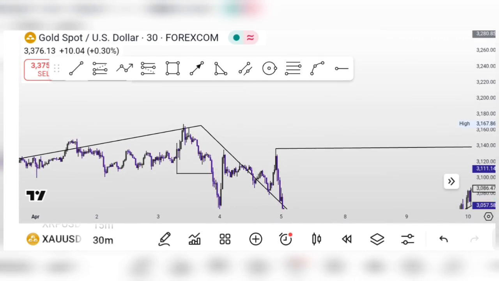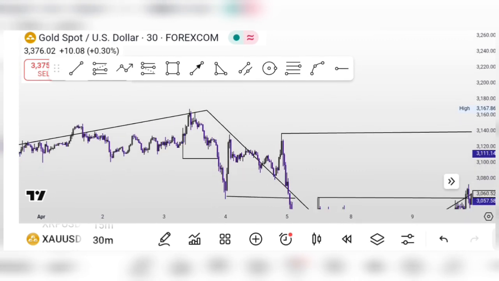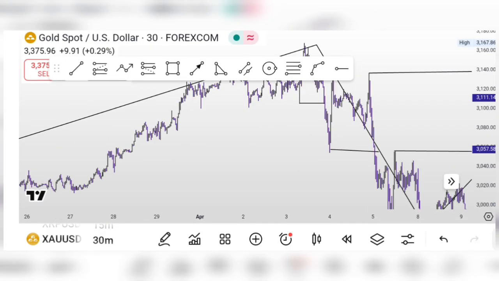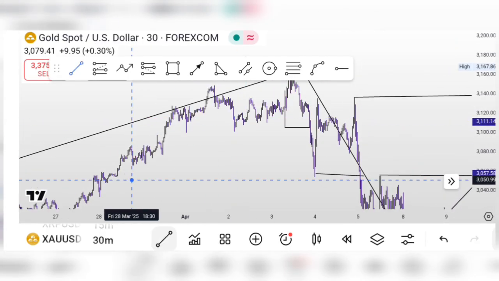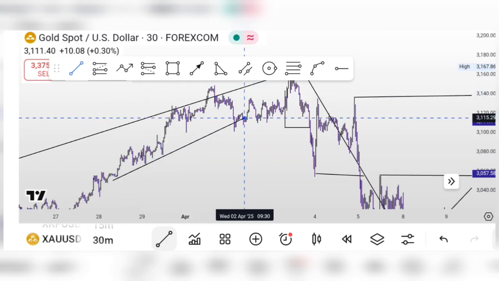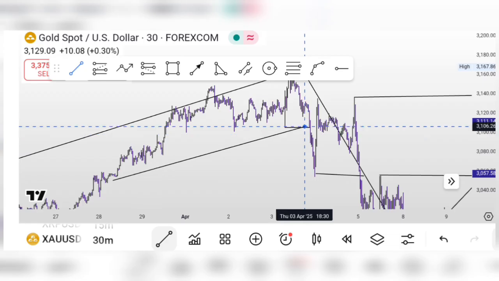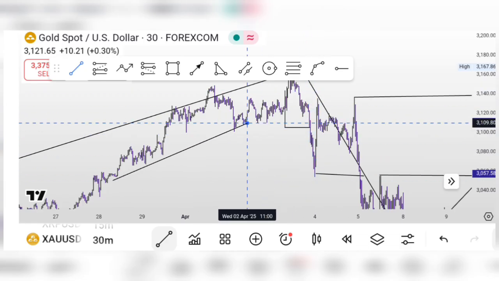So this structure was broken, and what caused this structure to be broken is this high, this high here, this high is what caused the break of this structure down to this point.